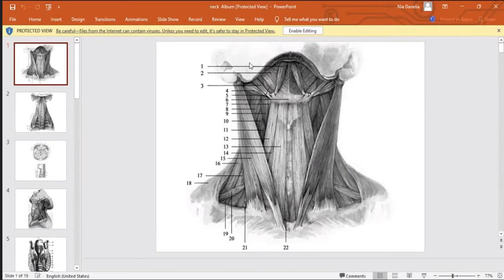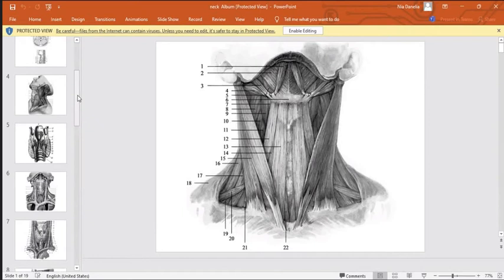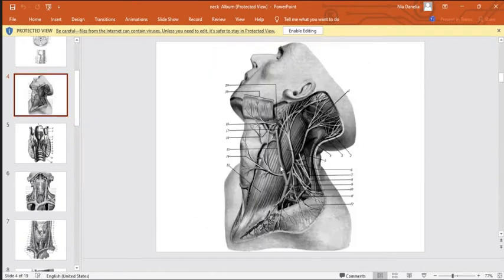Superficially, through the platysma muscle, through the superficial fascia of this region, is located the cervical branch of the facial nerve, the fifth branch of the facial nerve, which provides innervation of the platysma muscle, and the cutaneous nerve of the cervical plexus is the transverse cutaneous nerve.